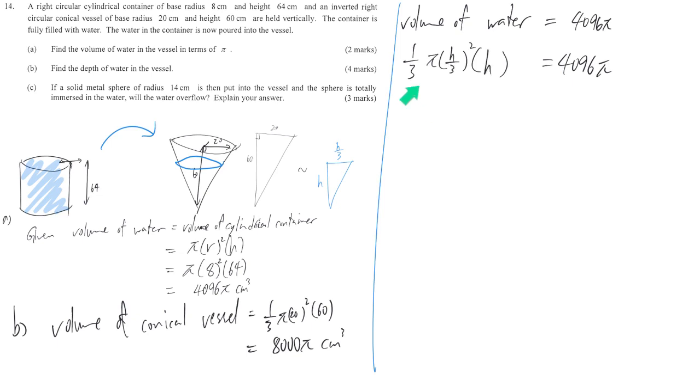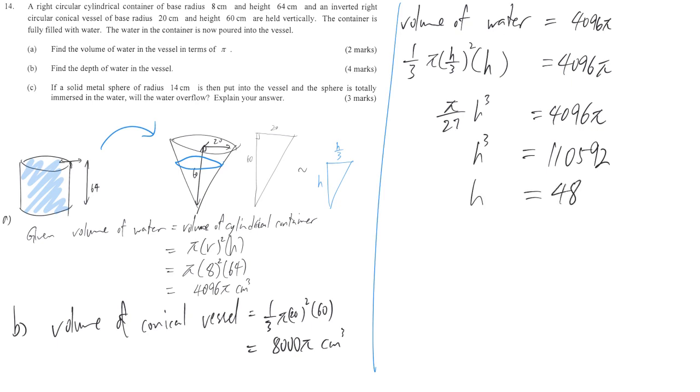So we successfully form an equation with h as the only unknown. So pi over 27 h to the power 3 is equal to 4096 pi. H to the power 3 is equal to 110,592, and then we get 48. It makes sense.